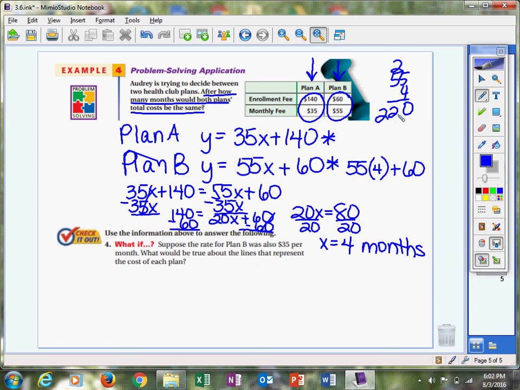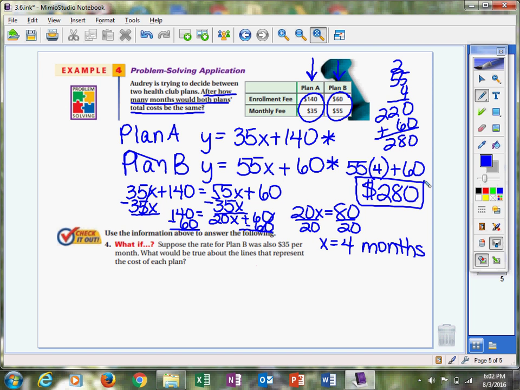That's 220, and add another 60 to that, and we've got 280. So it's going to cost, after 4 months, both plans are going to cost $280. So that's how you solve that particular type of problem. That's when the plans will be exactly the same.